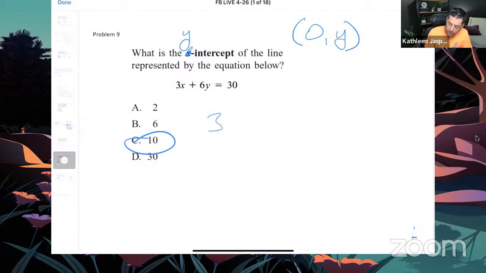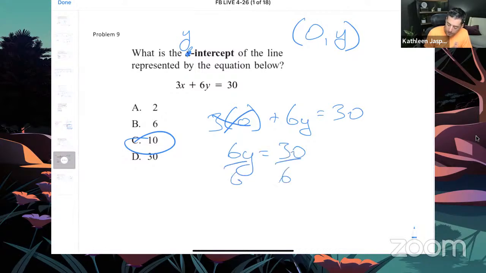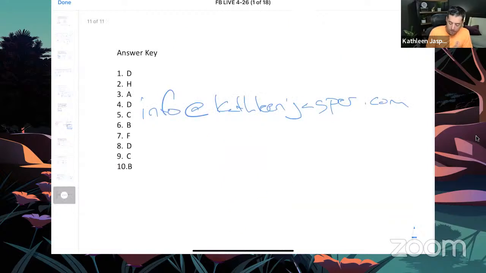So I have 3 times 0 this time, plus 6y is equal to 30. And so 0 cancels out. I got 6y equal to 30, so y is equal to 5. Okay, so if you needed y-intercept, that's what you would do, just so you could see that for argument's sake. Okay, looks good right there.